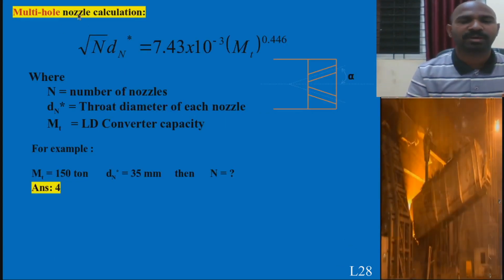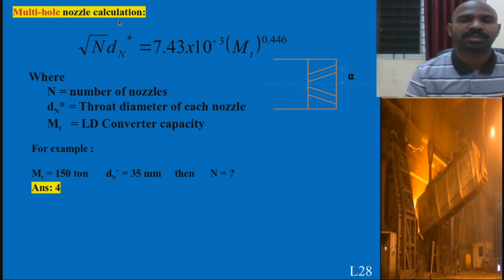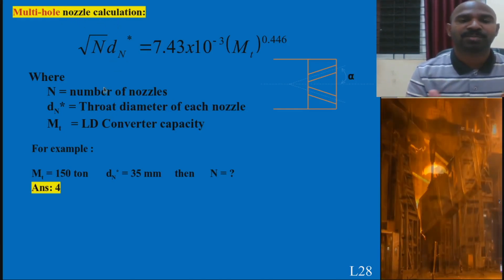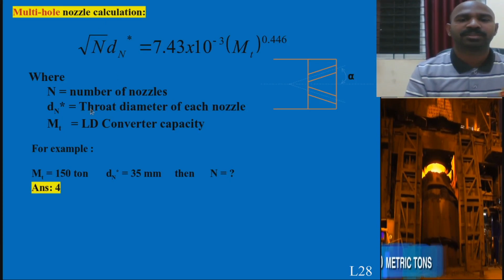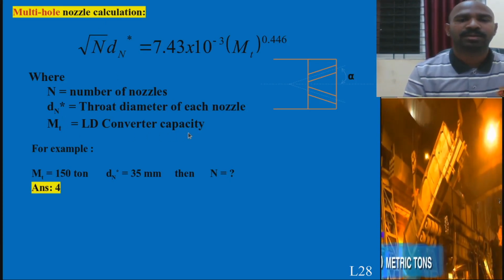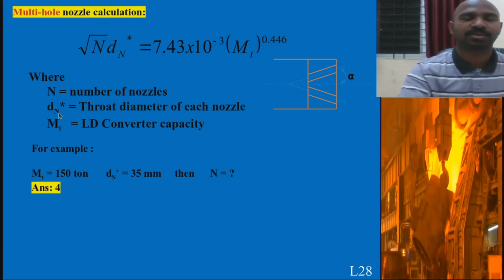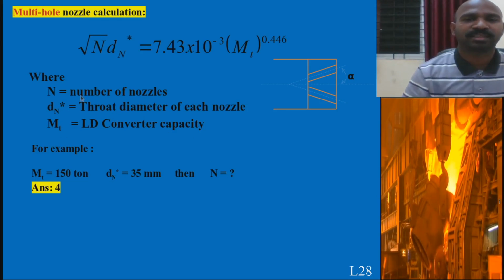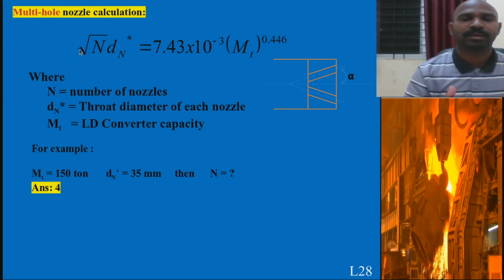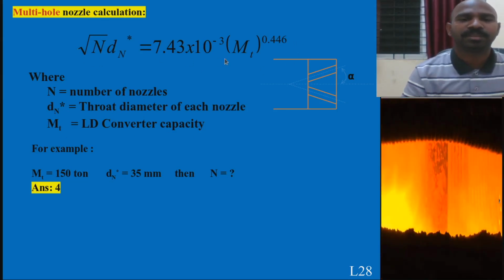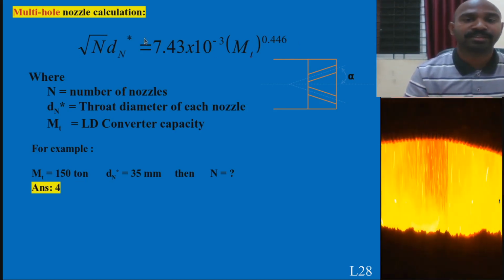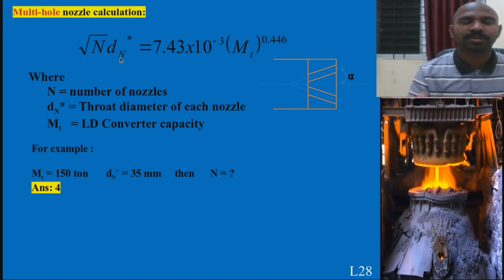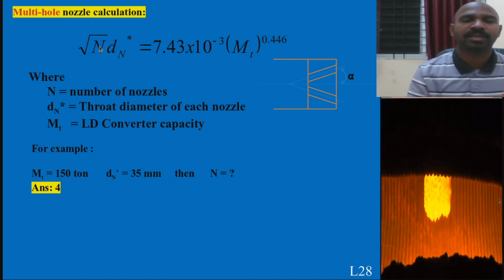In the case of a multiple hole nozzle, how do you calculate the number of nozzles? If I give you the LD converter steel capacity and the diameter of a single nozzle, how do you calculate the number of nozzles? Using this simple formula, with molten metal capacity in tons and nozzle diameter, the only unknown parameter is n.